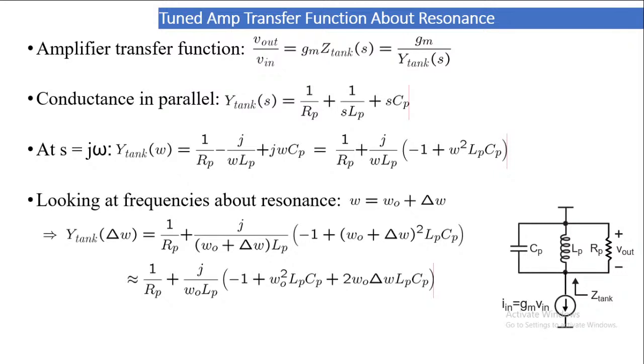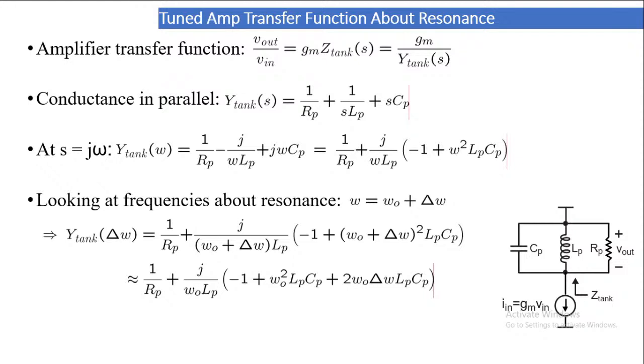Now, if you look at the narrow band around the resonance, which is at omega 0, the narrow band around the resonance is delta omega. So we will consider the frequency range omega, which is equal to omega 0 plus delta omega.